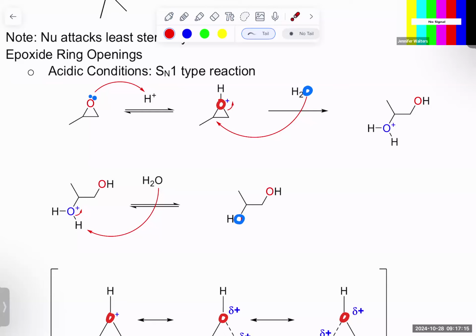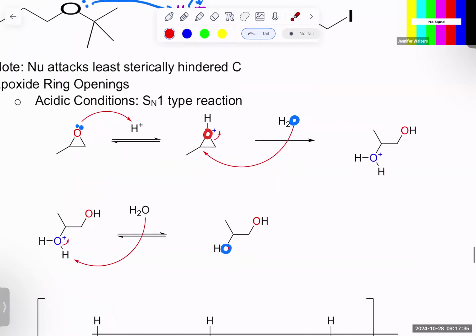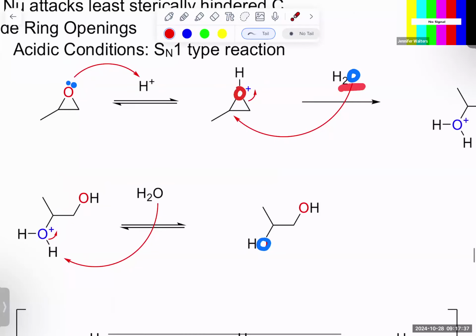So what we're going to see is our epoxide is going to get protonated. And remember, epoxides are just the three-membered rings that are the cyclic ethers. So that oxygen gets protonated. Now it's a good leaving group. So I can consider having this nucleophile attack either the more substituted side or the less substituted side.